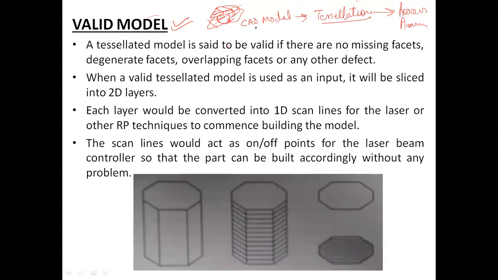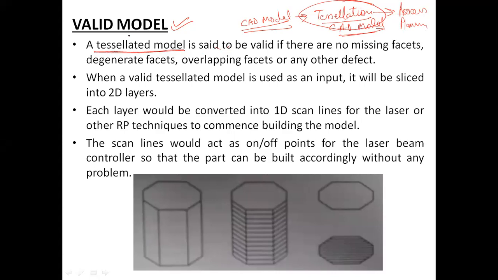This CAD model, you may make using any of the software techniques that you have learned up till now. You can use any of the techniques, but this CAD model is actually not the valid input. The tessellated CAD model is the valid input, because this is going to be fed into the system. So when you talk of the validity of a model, you are actually talking of a tessellated model.